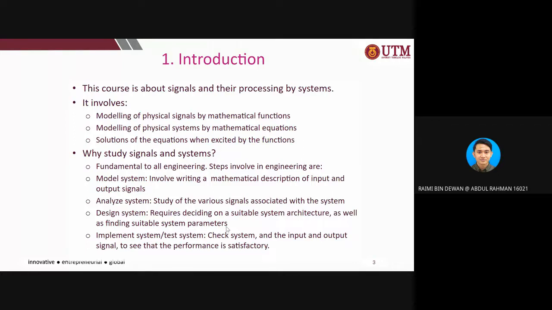Maybe robots cannot do that, so that's why we need engineers. When we have parameters obtained from some function, we decide whether they are suitable for the design and whether the system is working optimally. Then implement the system, test it, and check the input and output signals to see whether the performance is satisfactory.